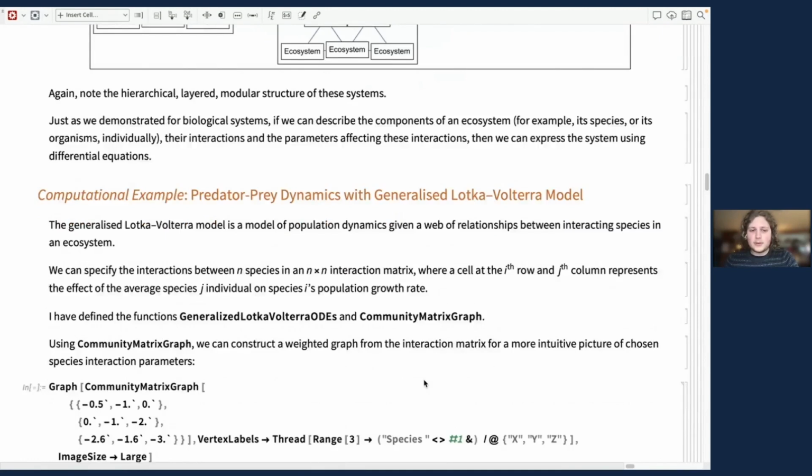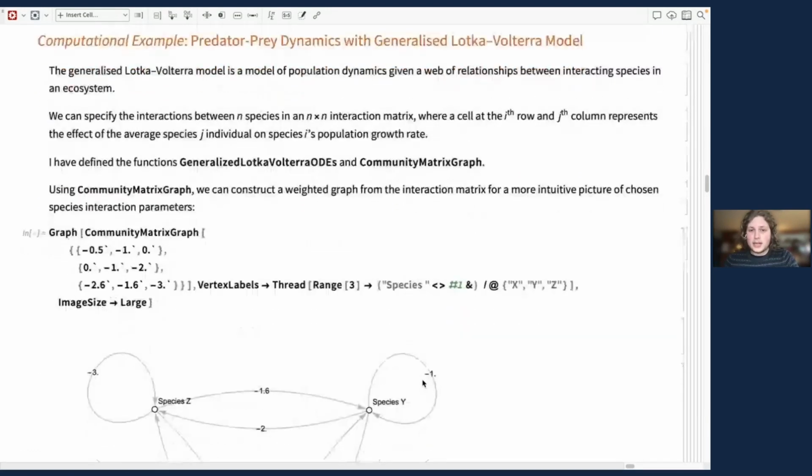The generalized Lotka-Volterra model is a model of population dynamics given a web of relationships between interacting species in an ecosystem. Typically you specify the interactions as a matrix, where the ith row and jth column represents the effect of the average species j individual on species i's population growth rate.